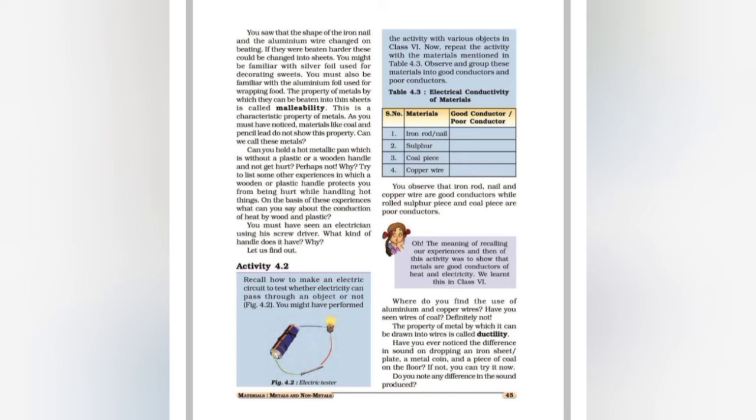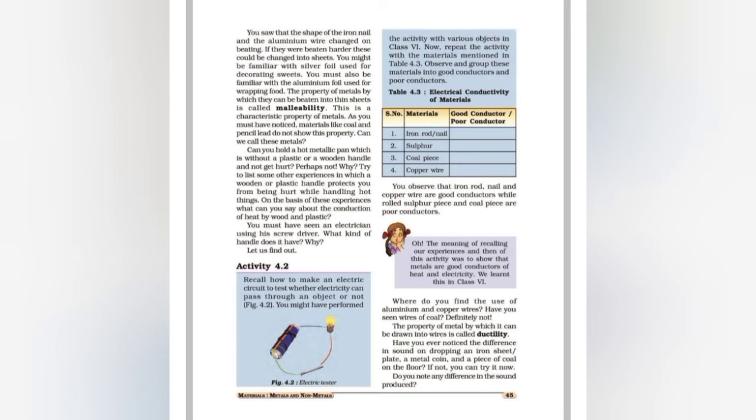For this activity we are using an iron nail, sulfur, a coal piece and copper wire. That means we are testing the conductivity of electricity of metals and non-metals by this activity. You observe that iron rod, nail and copper wire are good conductors, while the sulfur piece and coal piece are poor conductors.